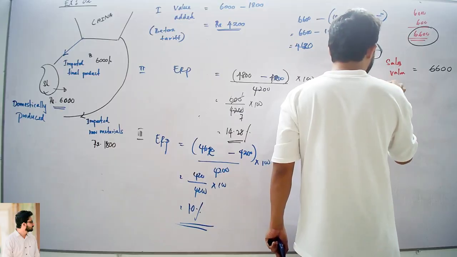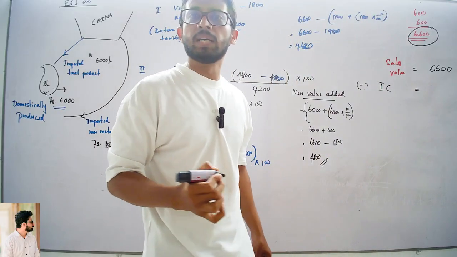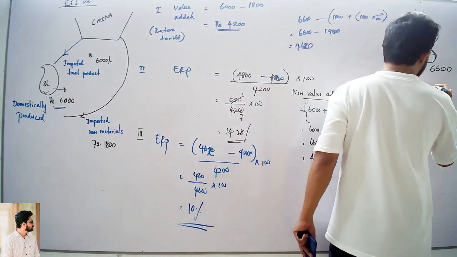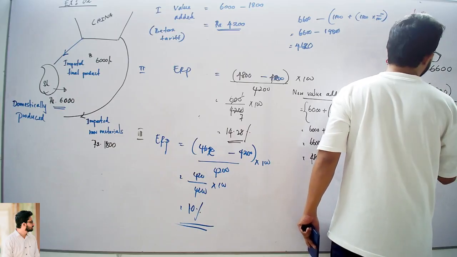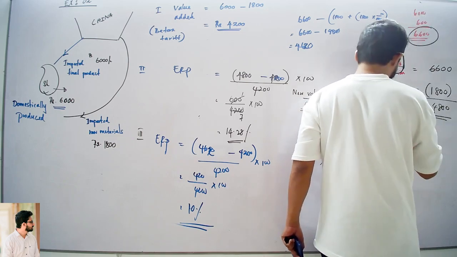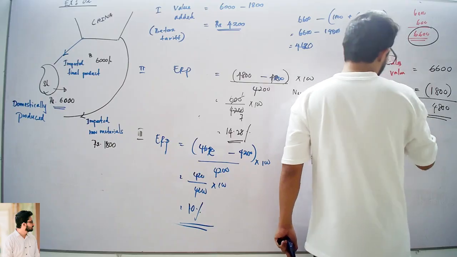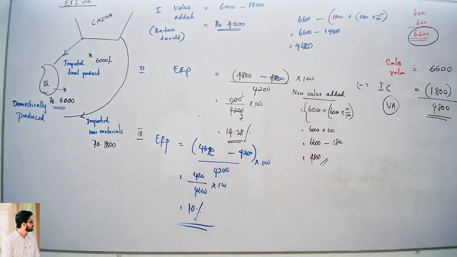Then sales value 6,600, sales value of domestic product after the tariff, minus imported intermediate consumption. How much is intermediate consumption? Intermediate consumption is 1800. Then how much is the value added? 4800 something. This is the value added after the tariff. Are you okay with me? You have deducted 600, what is 600?